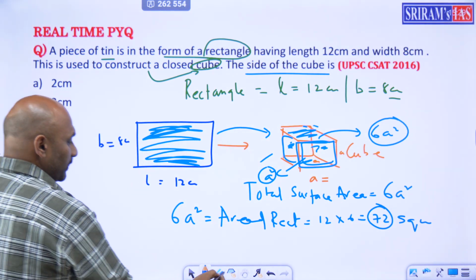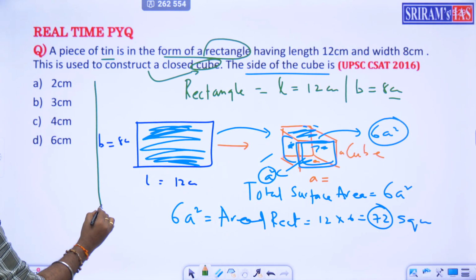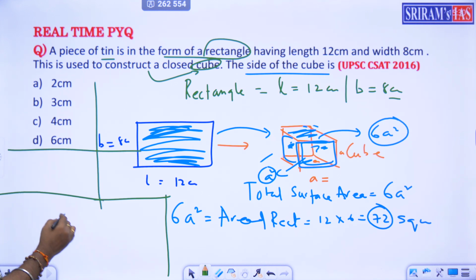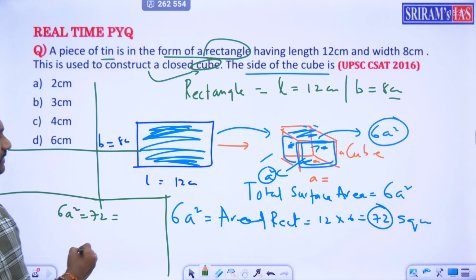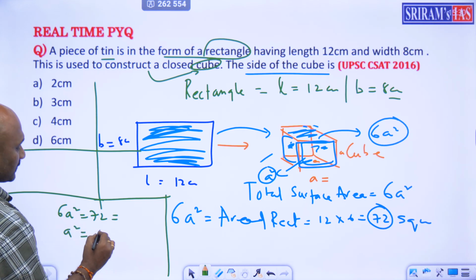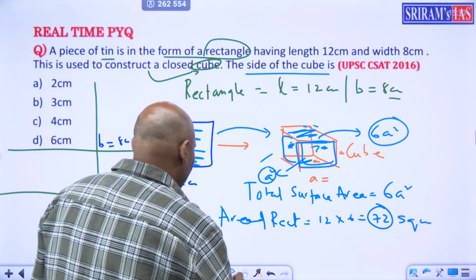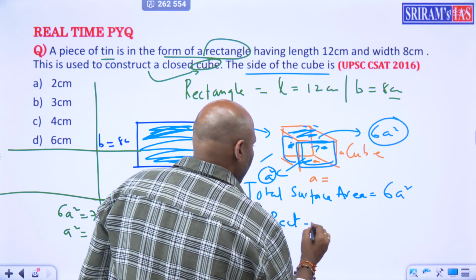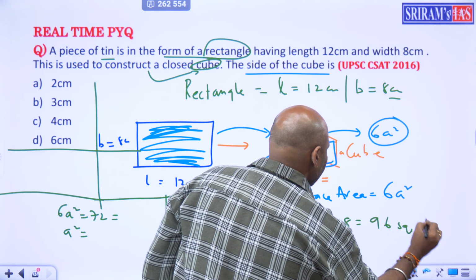So, from here, he is clearly saying 6a square equals the area, which is 12 into 8, sorry, which is 96 square centimeters.